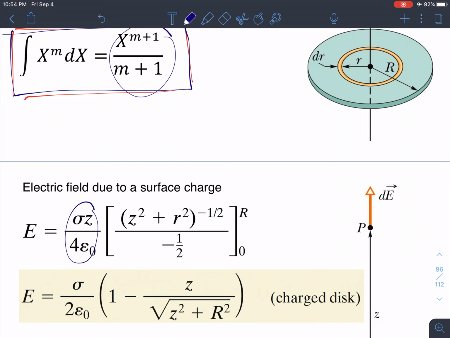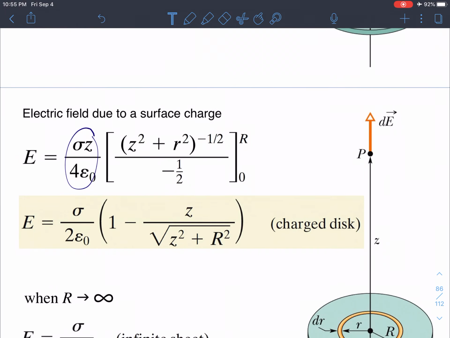Since we have r, the limits of the integral are going to be from the center of the disk all the way to the edge, which is capital R. Once you do that, since there's a negative sign here, we usually do the upper limit first and then the lower one, but since there's a negative, I would probably do the lower one first, so that would make it positive, minus the other one.